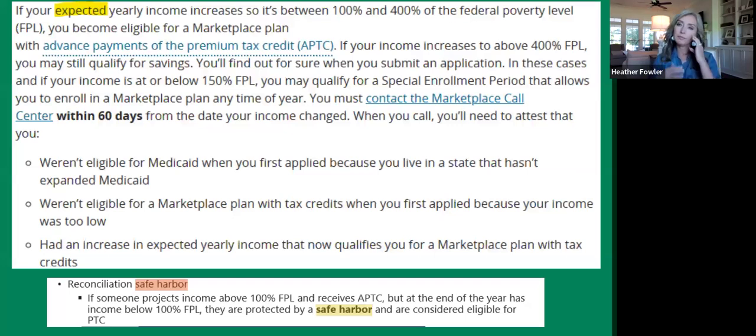When she called me, I said, what you would need to do is draw out a little bit more of that interest, because you need to get your income up to, if you could get it up to like 16,000, because that lowest level for her would be like $15,060. And she was like, oh yeah, that's not a big deal at all. I'll just draw out a little bit more of that interest and count it as income, if that will enable me to keep those premium tax credits. And so that was what she was able to do.